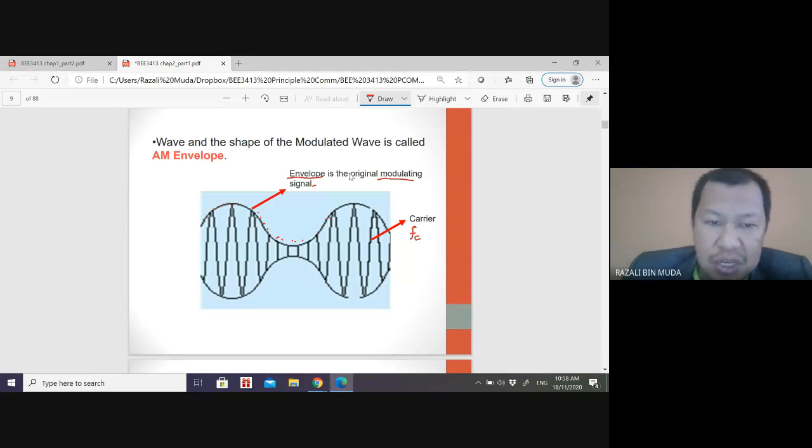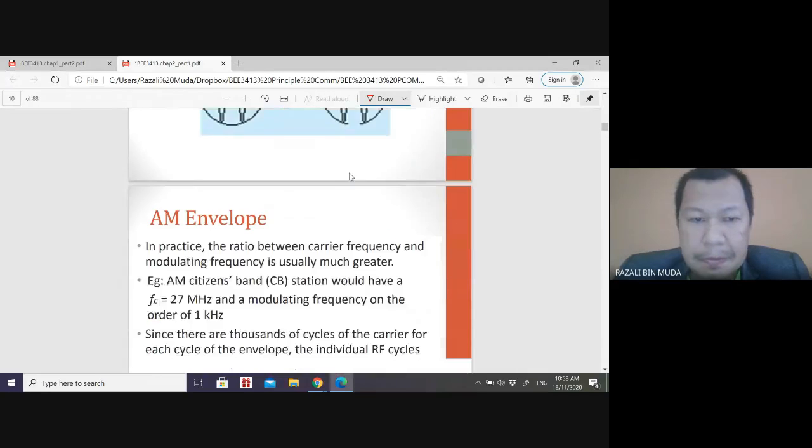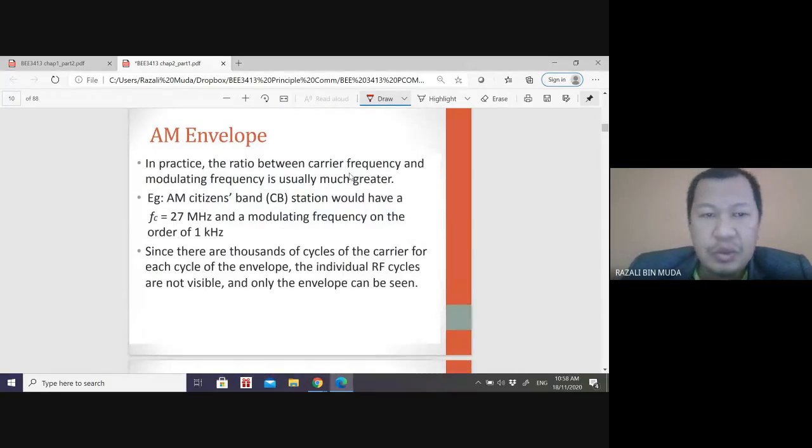Okay. So yang ni the modulating signal, ini ialah modulating FM. Tapi untuk modulated signal AM, the frequency is FC.